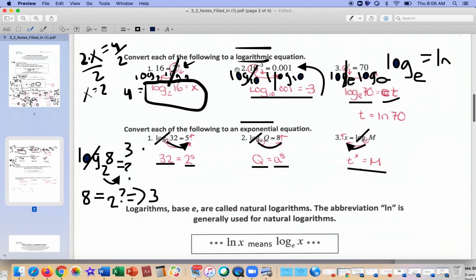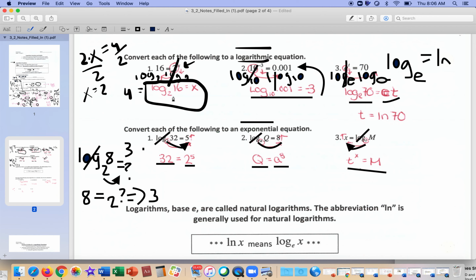Convert to log form when you have an equation. If you don't see log, you apply log. So you look at the side that the exponent's on, whatever the base is, you apply log of that base on both sides. So log base 2 of 2, log base 2 of 16. You cross out log base 2 of 2, and then you're left with x equals log base 2 of 16. We're not trying to evaluate anything like that, we're just trying to turn it into log form.